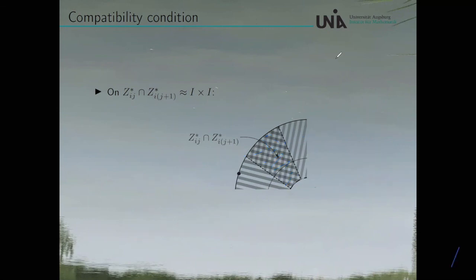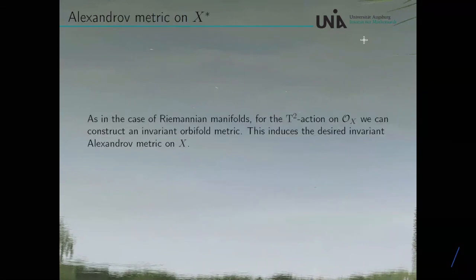By Salem and Hefliger, we constructed a smooth orbifold with T2 action. They admit a Riemannian orbifold metric, and then using the same or similar technique as in the Riemannian case, via this averaging argument, we can construct a T2 invariant Riemannian orbifold metric on our orbifold, which is in particular an Alexandrov space with an isometric T2 action.